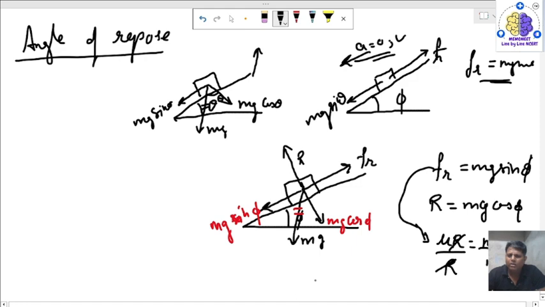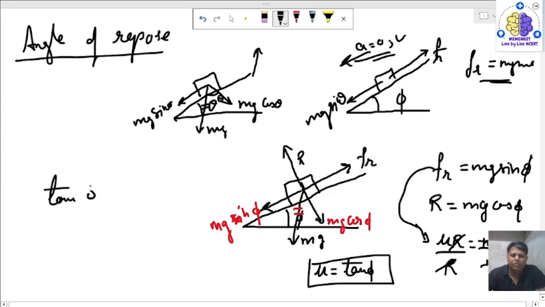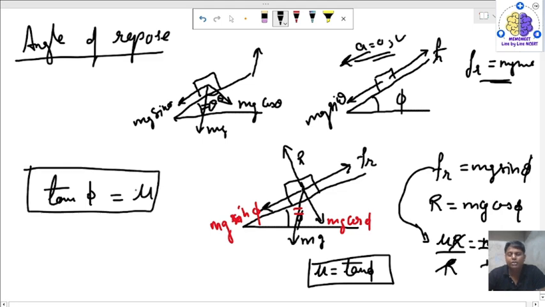What we get from here is mu is equal to mg sin phi over mg cos phi, and mg also gets cancelled out. We get mu is equal to tan phi, right? So from here, what we get is that the tan of the angle of repose is equal to the coefficient of friction.